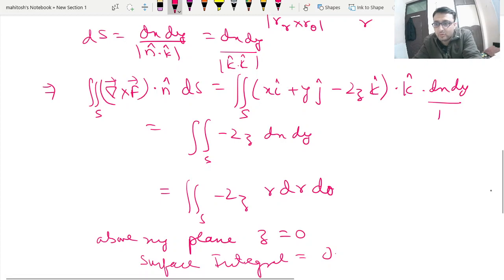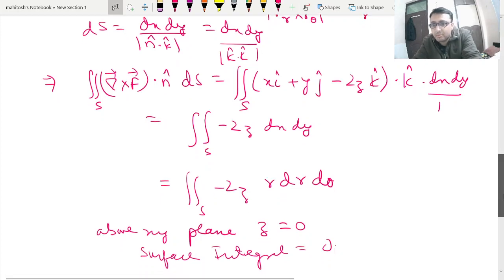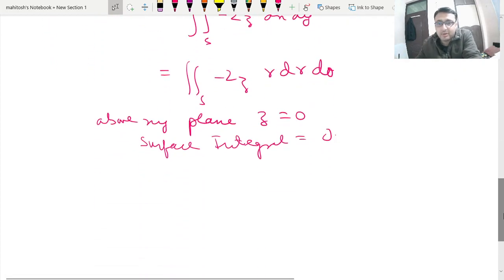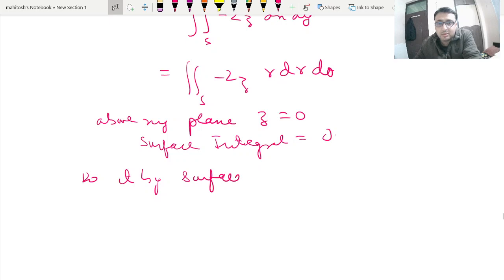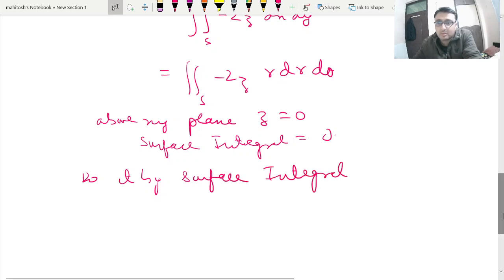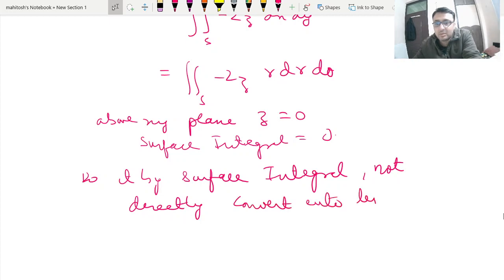So you have to always keep in your mind that you have to evaluate by surface integral. Okay, do it by surface integral, and not directly convert into line integral.